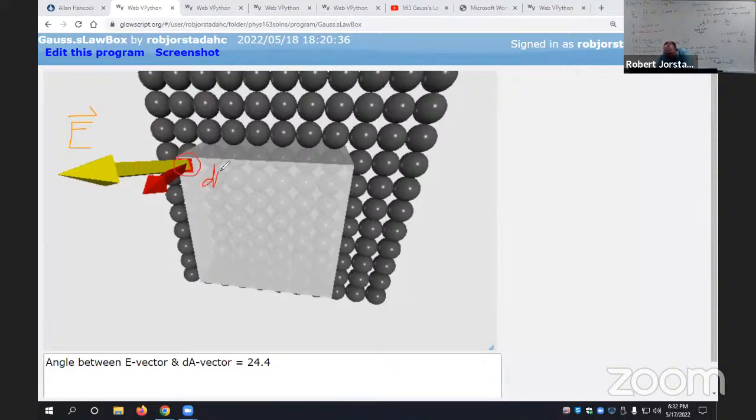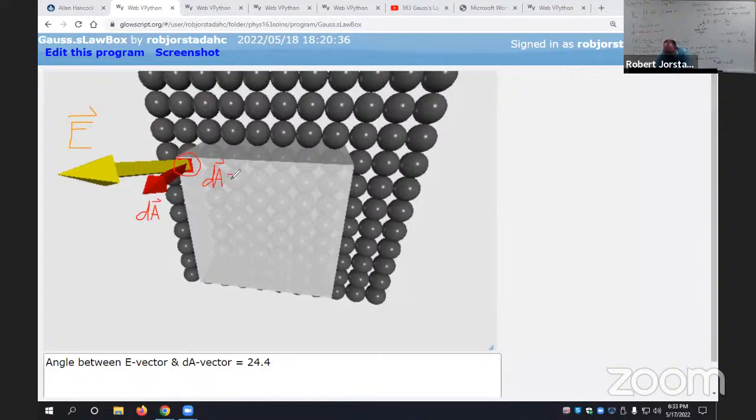That's dA, and I'm going to put a vector on that. The arrow represents that dA vector. The size of the arrow is equal to the area of the square. The direction of the arrow is perpendicular to that square.